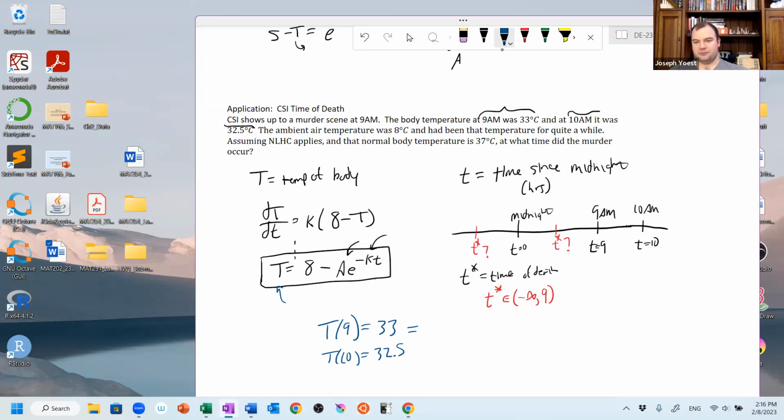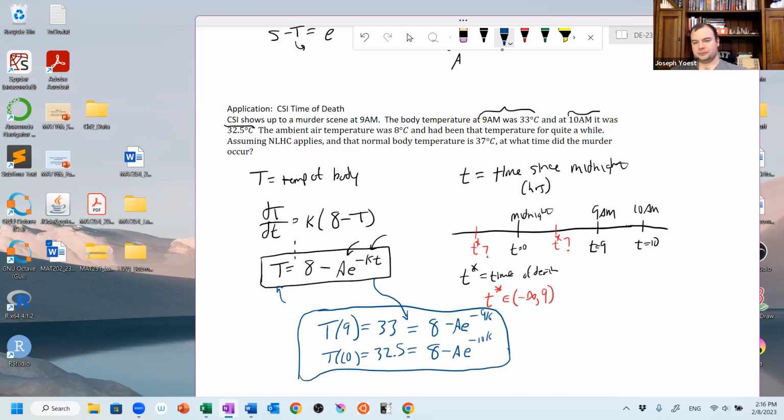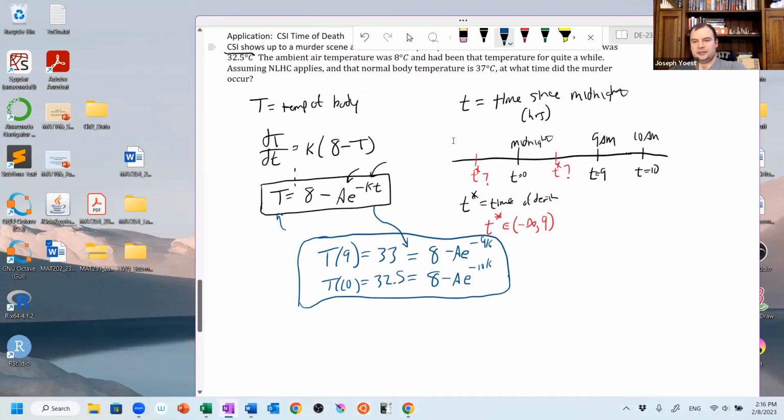On the other hand, I have my requirement from the model to match everything up: 8 minus A e to the negative 9k, when t is 9, and this is 8 minus A e to the negative 10k.